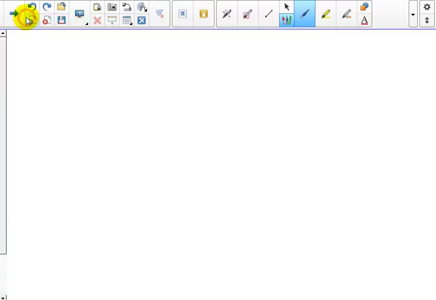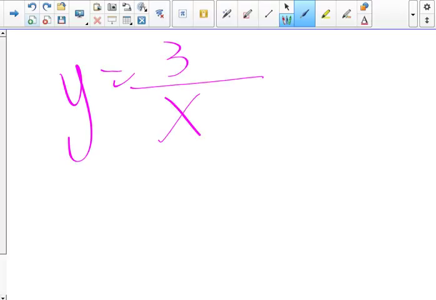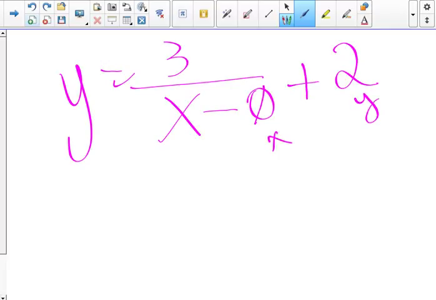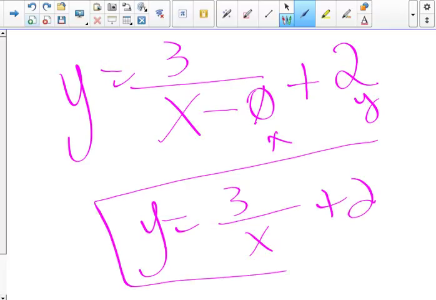Let me get a new page. Okay, so if they tell you that your x is 0, so it's going to be x minus 0 plus k, which my y is equal to 2, so there's my k. So there's that x, and there's that y, the h and the k. All right, and now just clean it up. Y equals 3 over x plus 2, and that's all you're doing for those, okay?